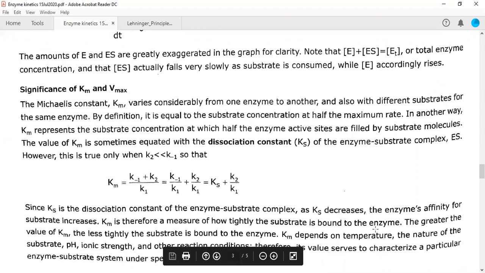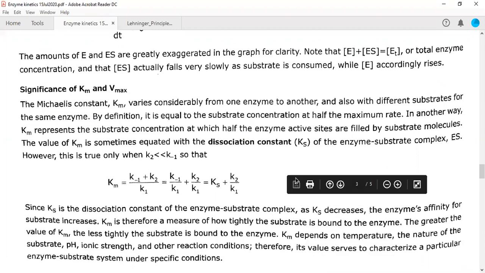Km depends upon temperature, the nature of substrate, pH, ionic strength, and other reaction conditions. You should keep this in mind. All these affect the Km value, not only the enzyme and substrate. Therefore, its value serves to characterize a particular enzyme substrate system under specific conditions.